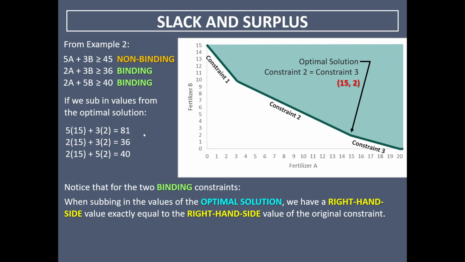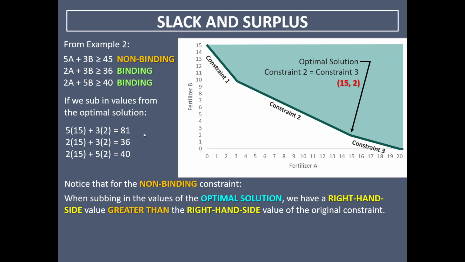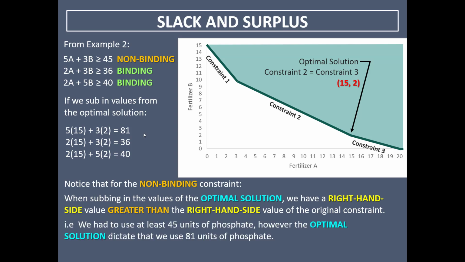So if I look at my non-binding constraint, constraint 1, at the optimal solution, I've used 81 units of constraint 1. Constraint 1 dealt with phosphate. I used 81 units. I had to use a minimum of 45 units, which means in terms of surplus, we've used more than we needed to. We have used 36 additional units, or 36 units of surplus phosphate.